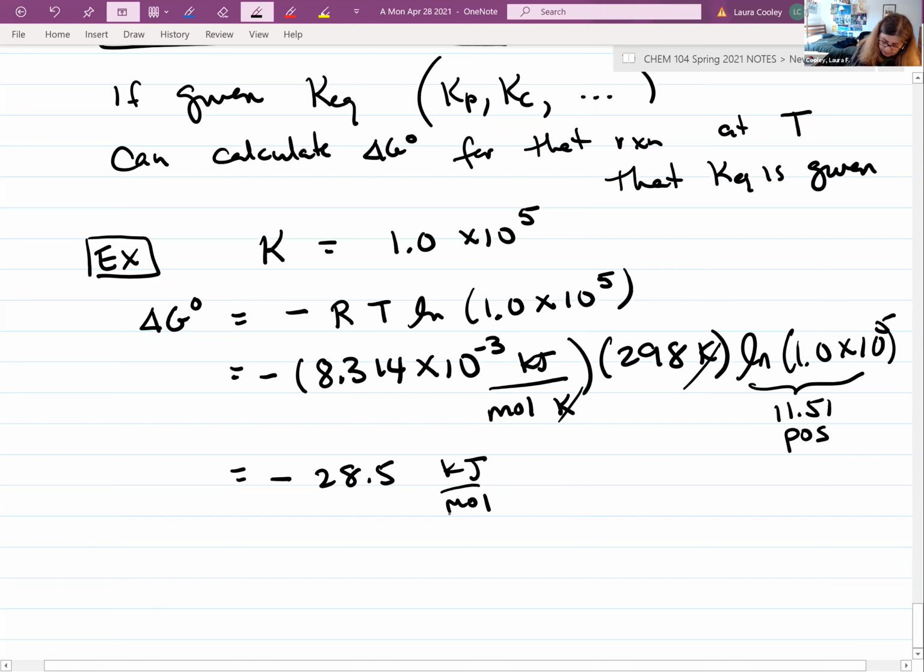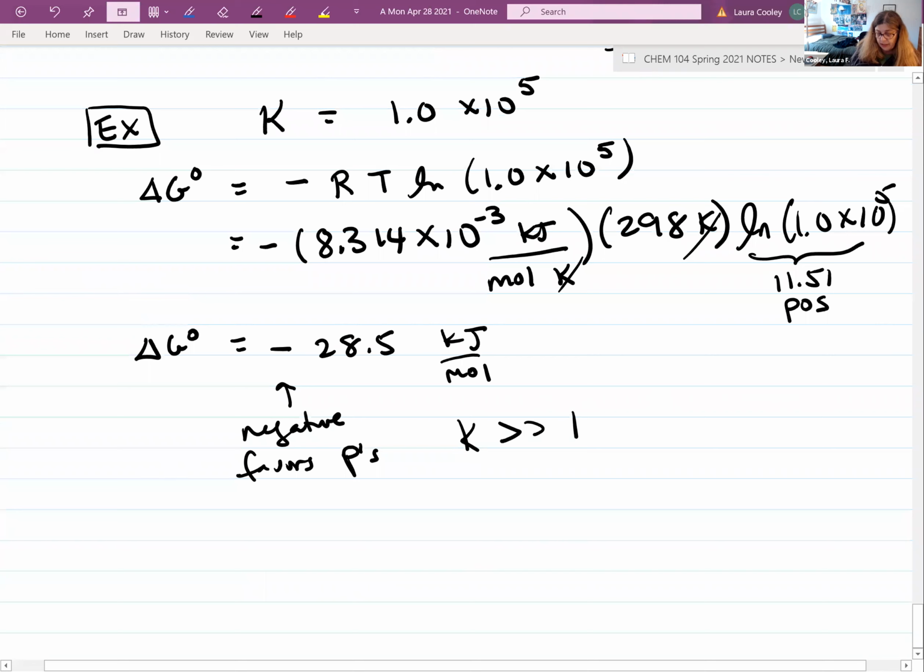Kelvins cancel. Okay, so that's your delta G zero. And it makes sense, it's negative. It favors the products, and K is greater than 1. And the greater the value of K, the more negative the delta G will be.